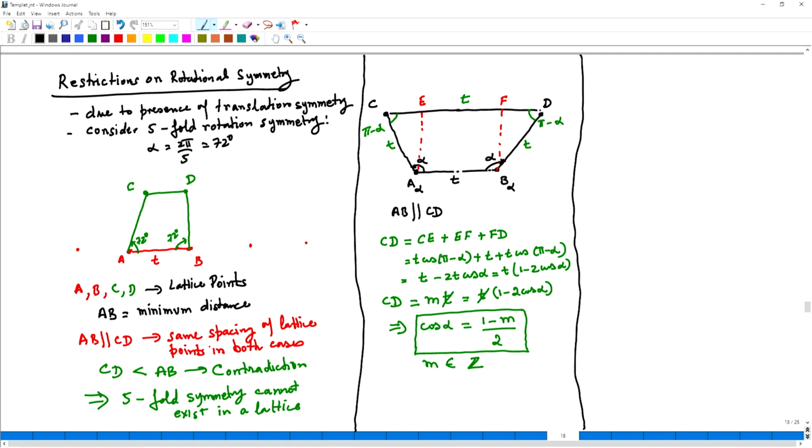So, what we will do? We will put in different values of m and find out what cos alpha is, and then find out what alpha is, and that should give me some insight into the rotational symmetries. So, let me make a small table.